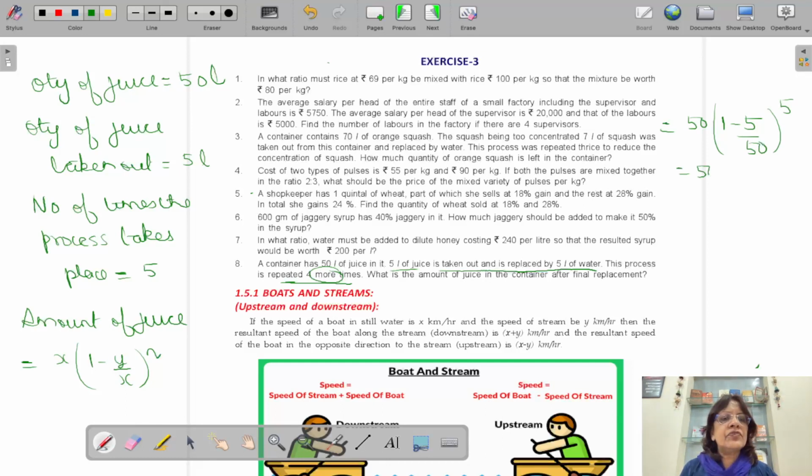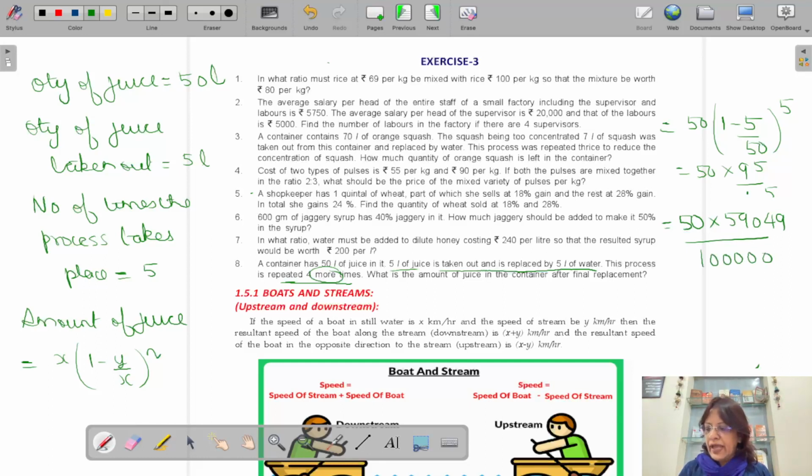That is equal to 50 into 9 to the power 5 upon 10 to the power 5, which is 50 into 59049 upon 1 with 5 zeros.